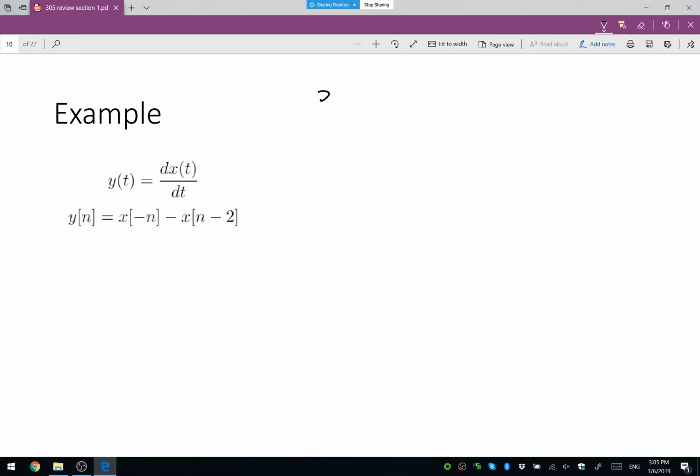That means whatever x(t), as long as it is bounded, I take it. So I give a number for the bound, let's say Bx, and then I try to find the magnitude of y[n]. If this one is bounded, then this is bounded input and bounded output. But if this one goes to infinity, then it is not.